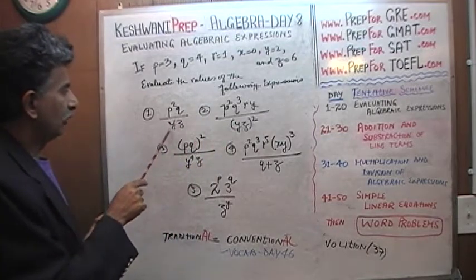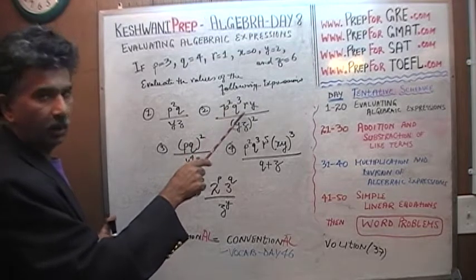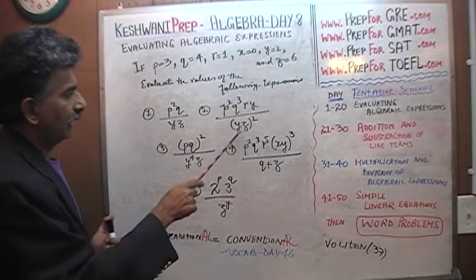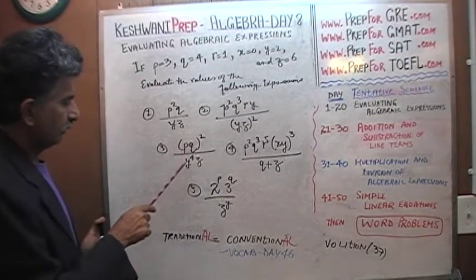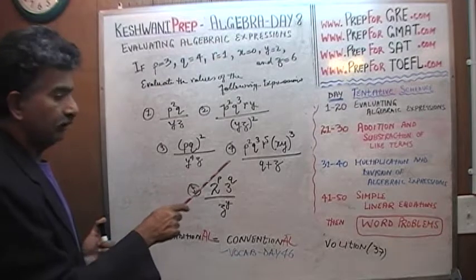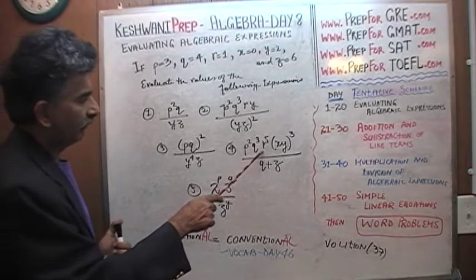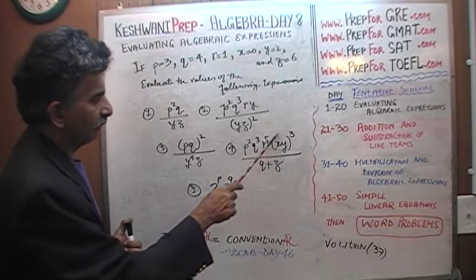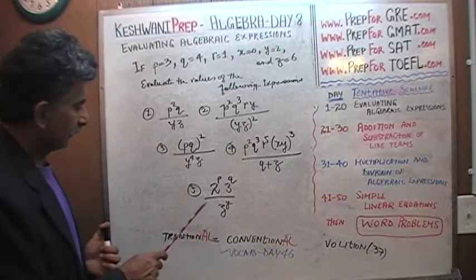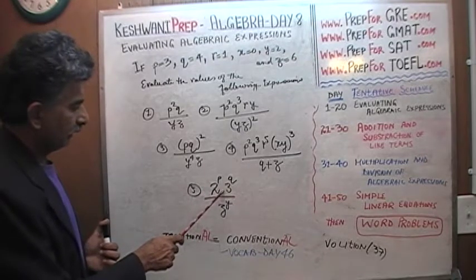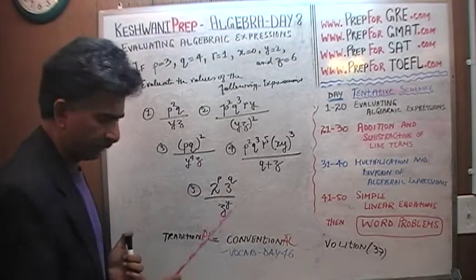P squared Q over Y times Z, P squared times Q cubed, R times Y over Y times Z whole squared, P times Q whole squared over Y to the 4th times Z, P squared times Q cubed R to the 5th times X times Y whole cubed over P times P plus Z, 2 raised to P times 3 raised to Q over Y raised to Z, or rather Z raised to Y.